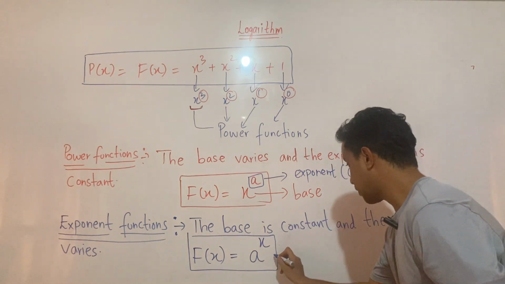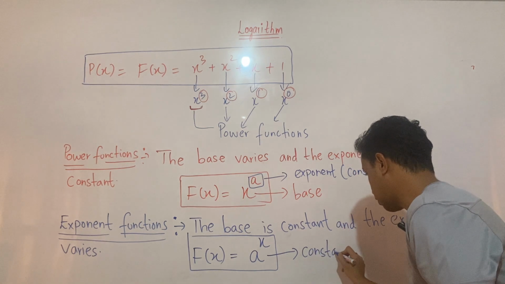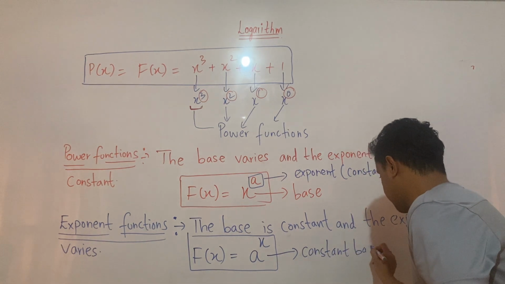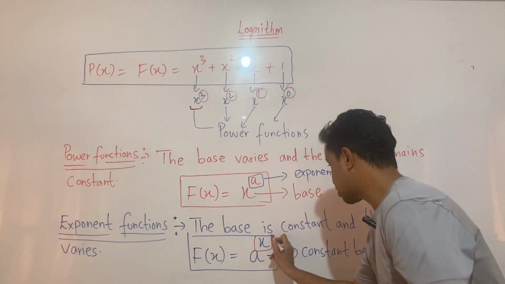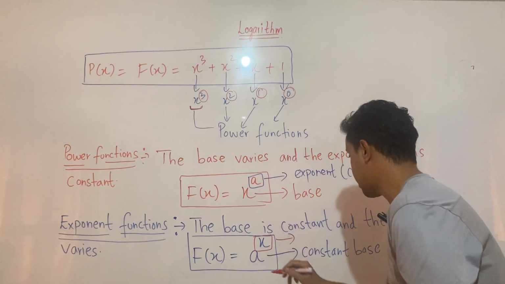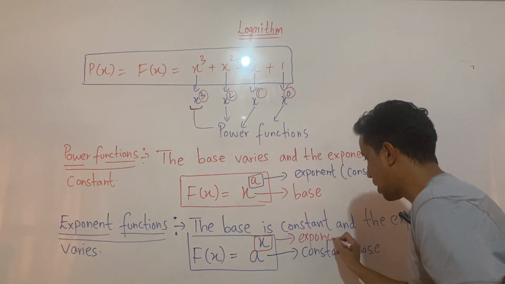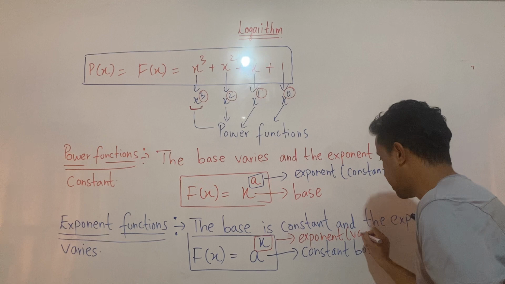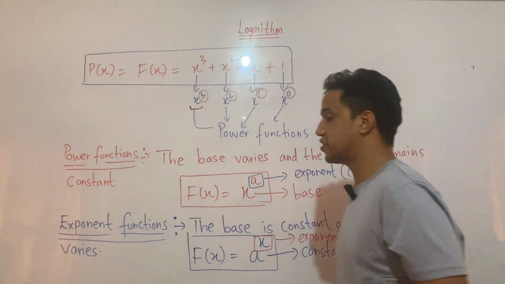So here a represents the constant base, and here x represents the exponent, which means the variable part, right?